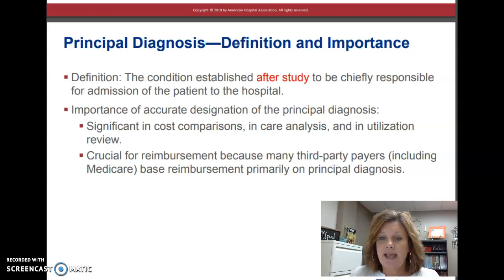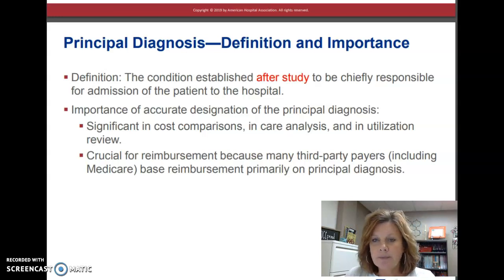So again, when we say after study, okay, so let's say that I go into the emergency room with abdominal pain, and they run different tests on me. They run blood work. Let's say they did a CT scan. They did an X-ray. Okay, and again, they're thinking, well, it could be your gallbladder, it could be possibly appendicitis.